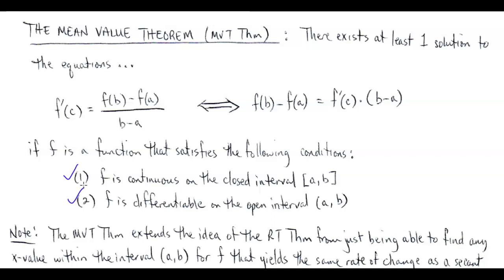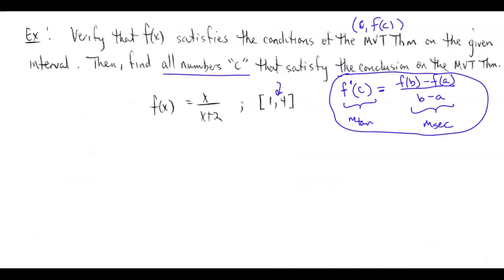So we need to verify both of these. We're going to do that first and then find out what the actual values of C would be that satisfy the resulting equation. All right, so first things first, let's take condition 1, which is: is f continuous on this particular interval here, okay?